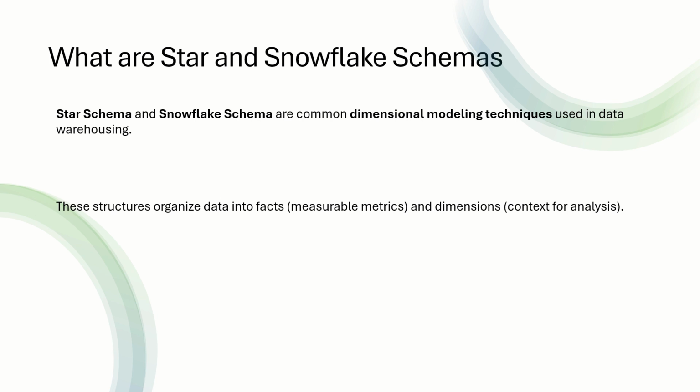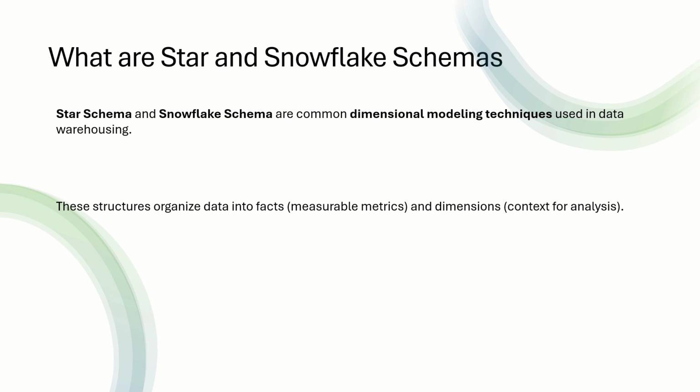Basically, these structures organize data into facts and dimensions. Facts are a group of data. The table has a lot of columns, and a few of the columns give you the facts data, that is, measurable data. For example, suppose you have a store and you want to show the total revenue.